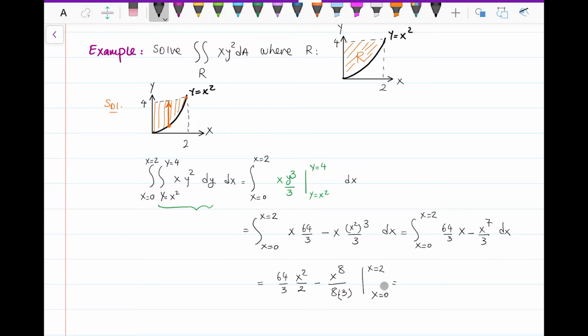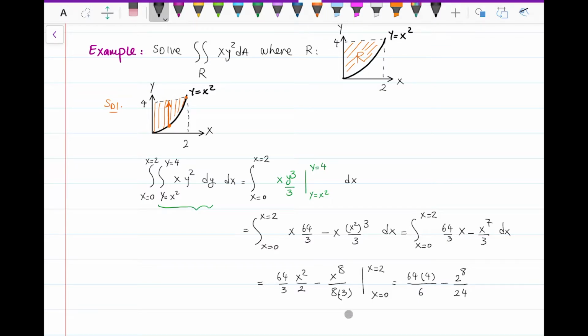Now plug in 2 for any x in here. So it is 64 times 2 squared, which is 4, over 6 minus 2 to the power of 8 over 24. Okay.